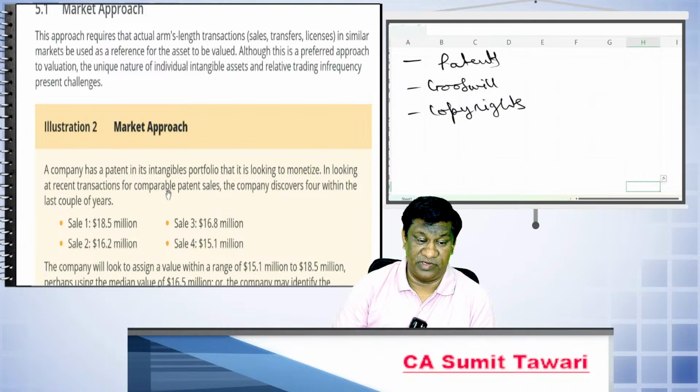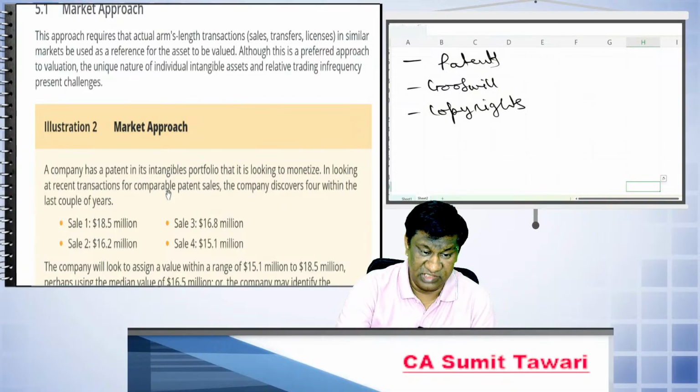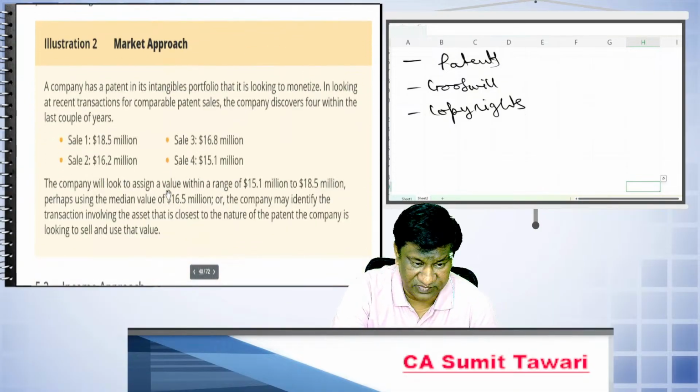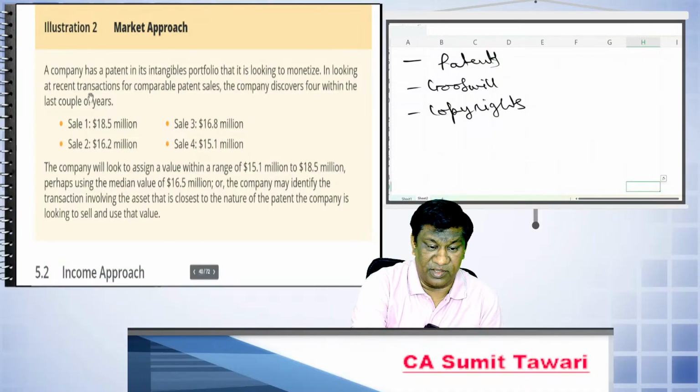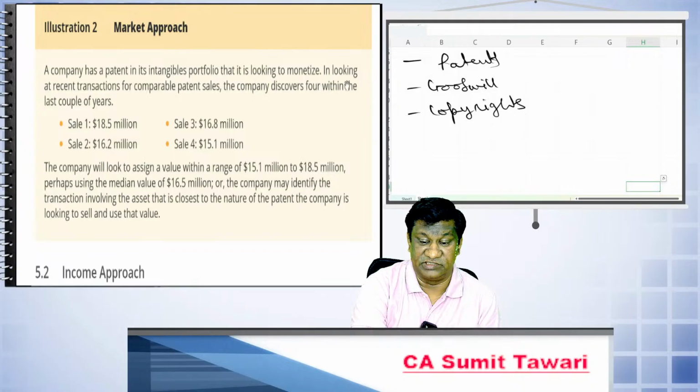Although this is a preferred approach to valuation, the unique nature of individual intangible assets and relative trading infrequency present a challenge. Here we can see a company has a patent in its intangible portfolio that it is looking to monetize. Looking at recent transactions for comparable patent sales, the company discovers four within the last couple of years: sale 1, sale 2, sale 3, sale 4.